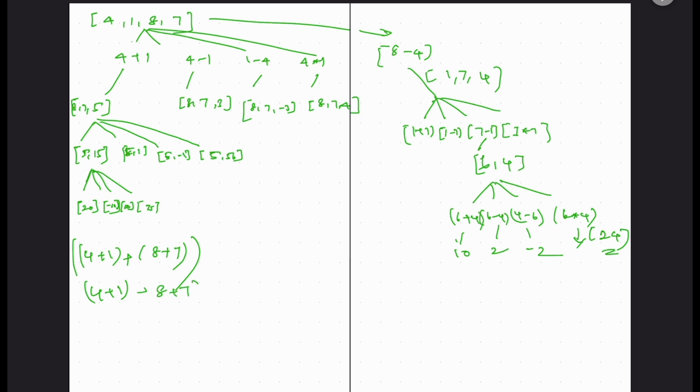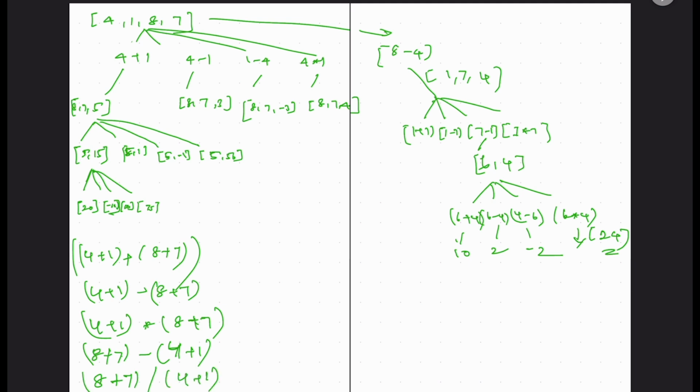We have checked 4 plus 1 multiplied by 8 plus 7, 8 plus 7 minus 4 plus 1, also 8 plus 7 divided by 4 plus 1, and 4 plus 1 divided by 8 plus 7. So none of these expressions contributed to 24.